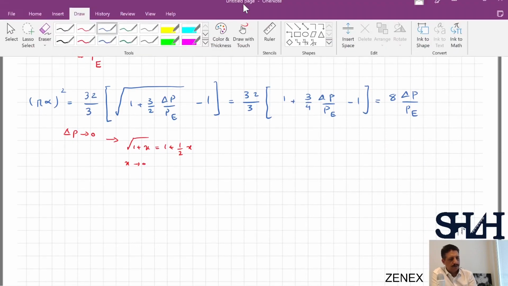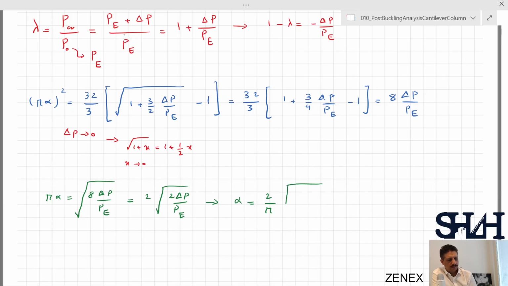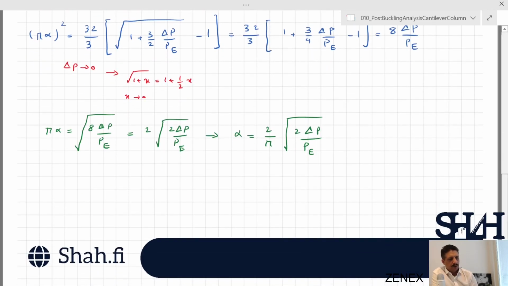Now from here, if we take the square root of both sides, pi alpha will be 8 delta P divided by PE, and this will be 2 square root of 2 delta P divided by PE, or alpha will be 2 over pi square root of 2 delta P divided by PE.